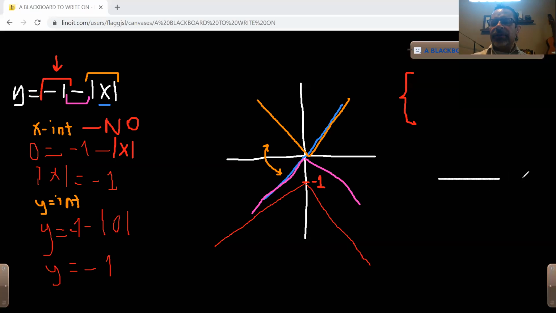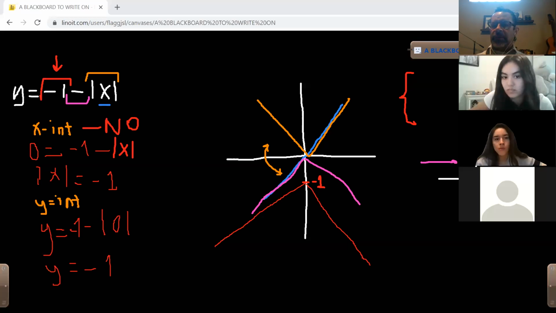You might have a function that, for example, goes something like this. Boom, boom, boom, boom, for example, right? Because you're doing it in sections, okay?